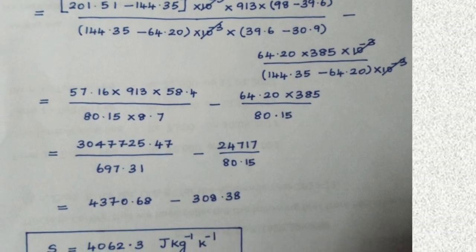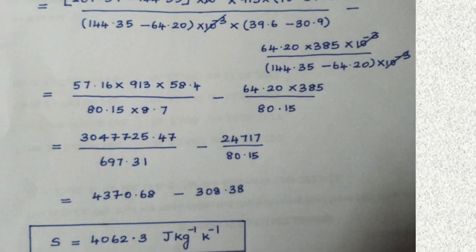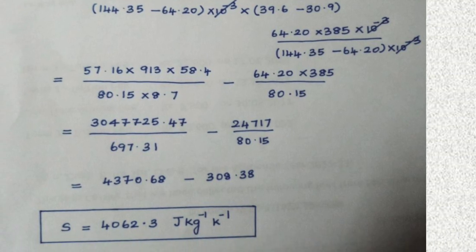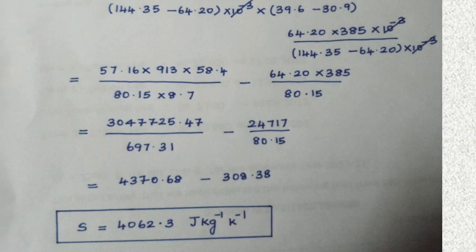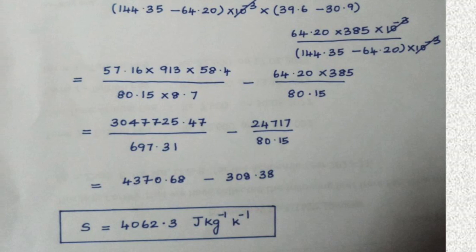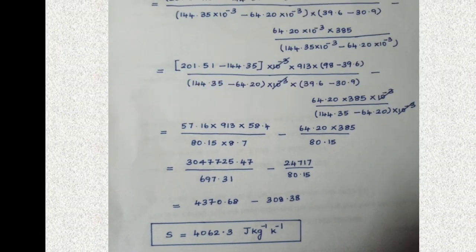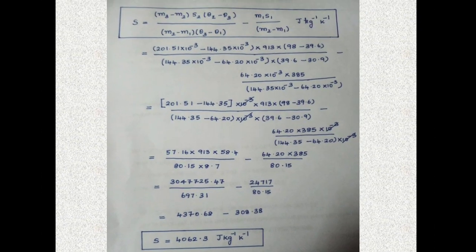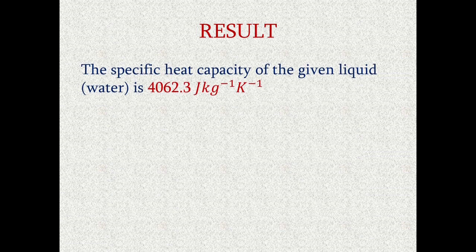Then the next term is minus 24,717 divided by 80.15. When we divide the numerator by the denominator, in the first term we get 4,370.68 and the second term is 308.38. When you subtract the second term from the first term, we get the specific heat capacity of the liquid as 4062.3 joule per kilogram per Kelvin.